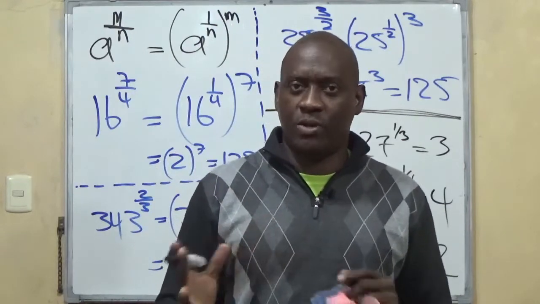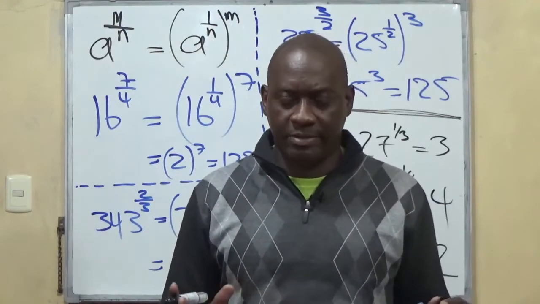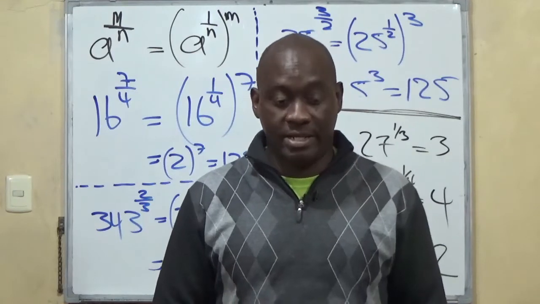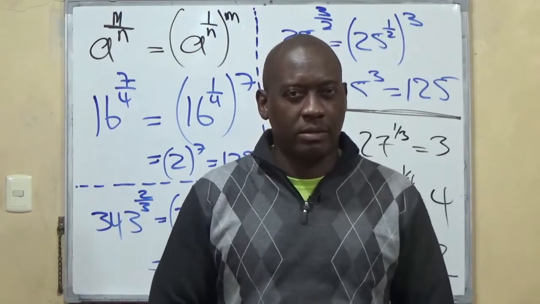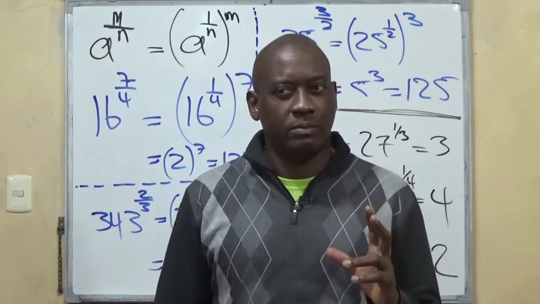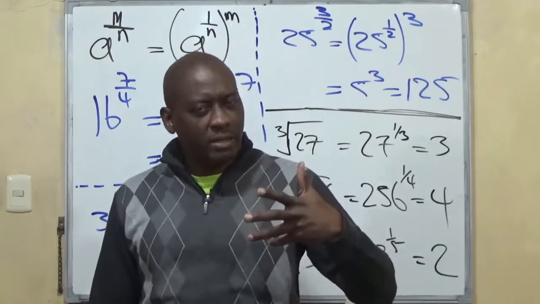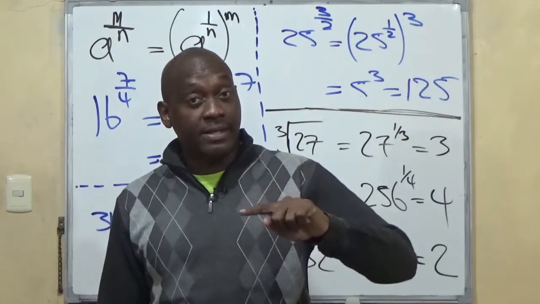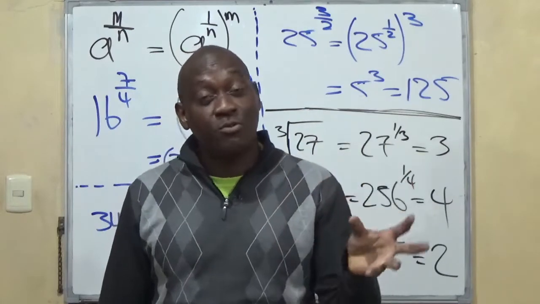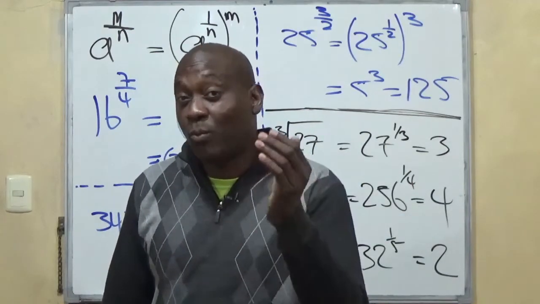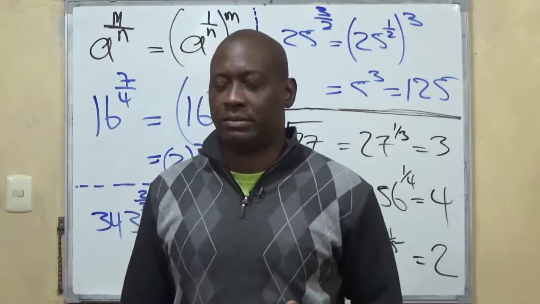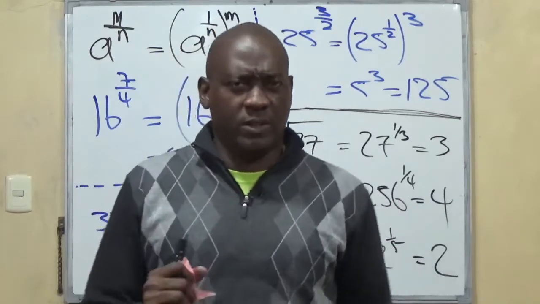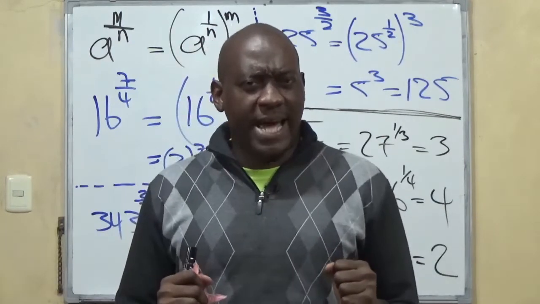Right? So we have gone through a few examples of the relationship between the power and the root. So if the power is n, then the corresponding root is 1 over n. That's sounding nice.